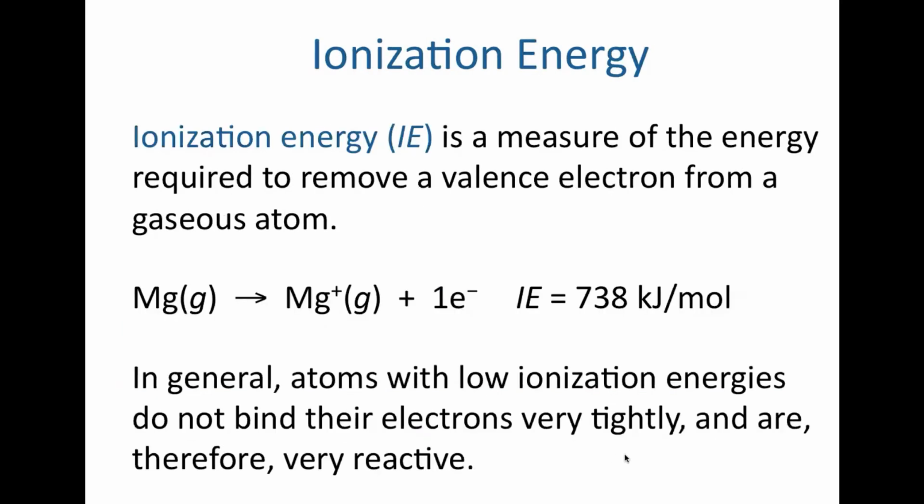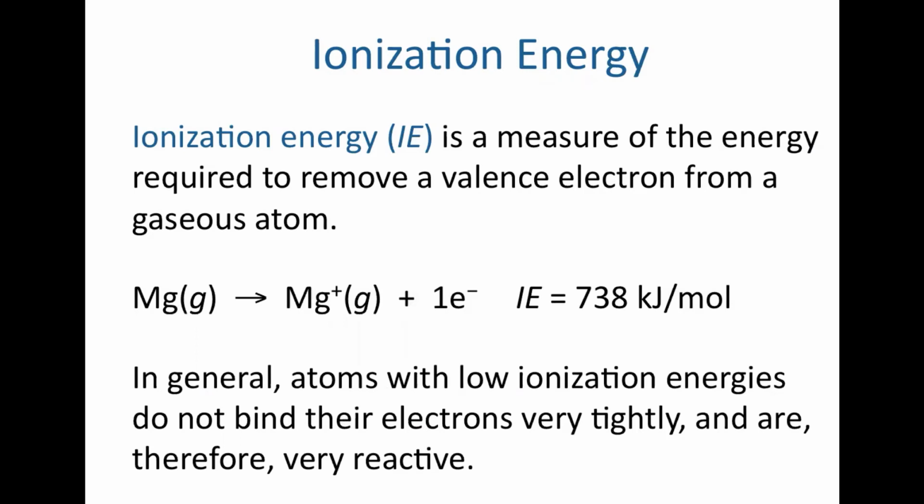Okay. We mentioned ionization energy, and we wrote it down. Ionization energy is a measure of the energy required to remove a valence electron from a gaseous atom, and specifically 1 mole from 1 mole. I take an atom and put it in the gas state, and then measure the energy change when it loses an electron. Metals will have low ionization energy, and non-metals will have higher ionization energies.